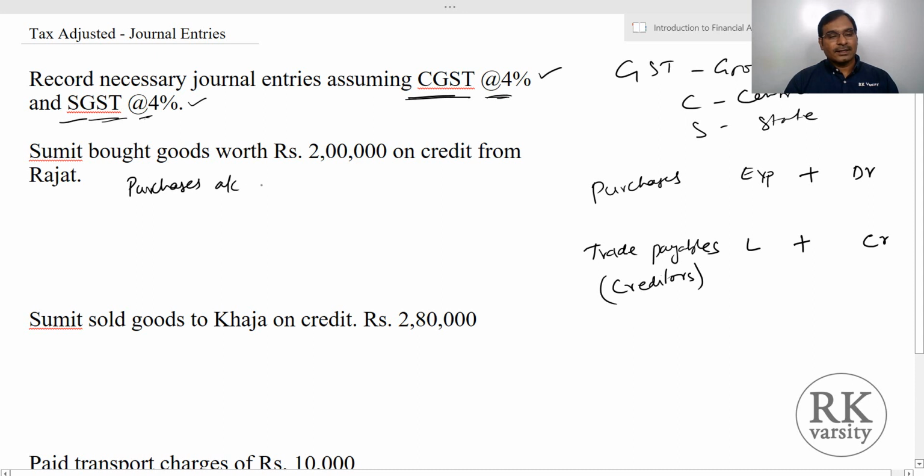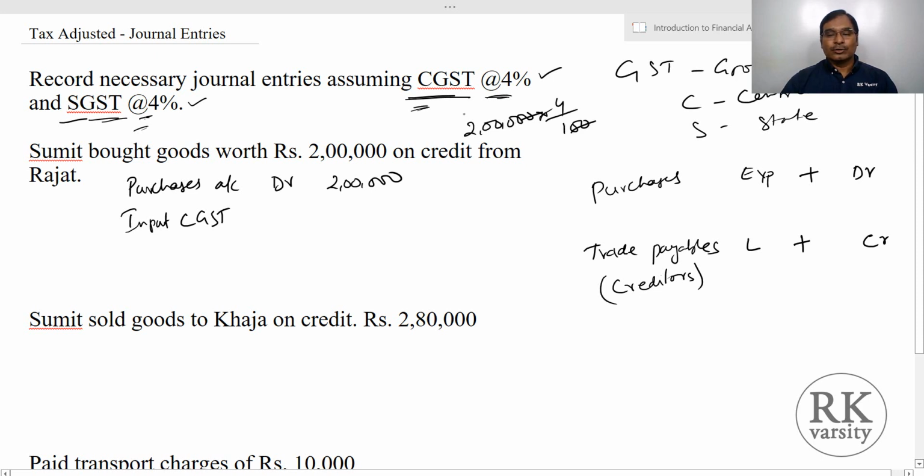So using this, we'll write a statement like purchases account debit, this amount is 2 lakhs. Then you have to calculate your CGST of 4% and SGST of 4%. So in case of purchases, we'll have input CGST. This is at 4% on 2 lakhs, so that means 2 lakhs into 4 by 100.